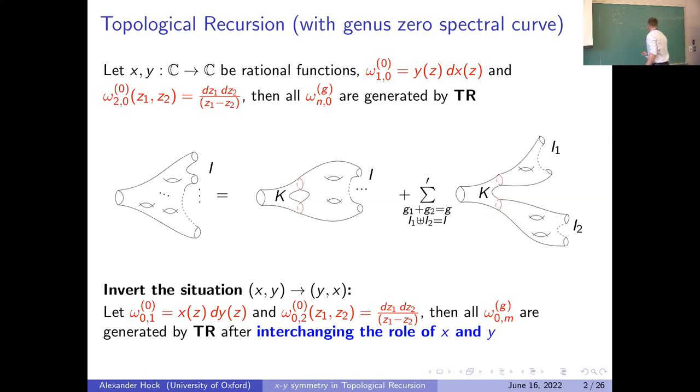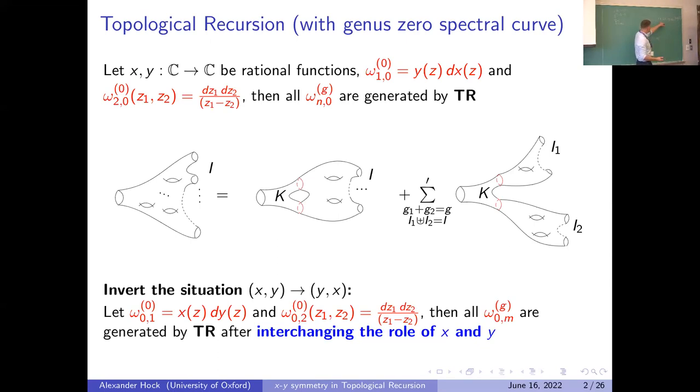And I exclude the case where G, I is equal to 0 and the empty set. Just this special case.